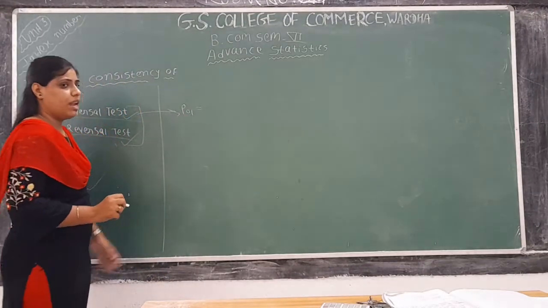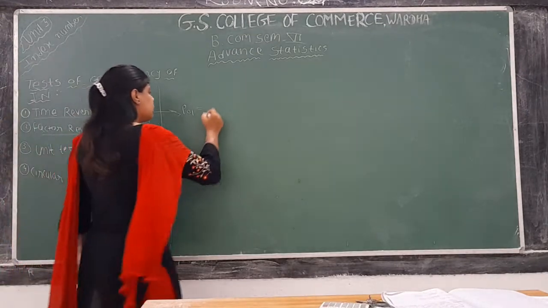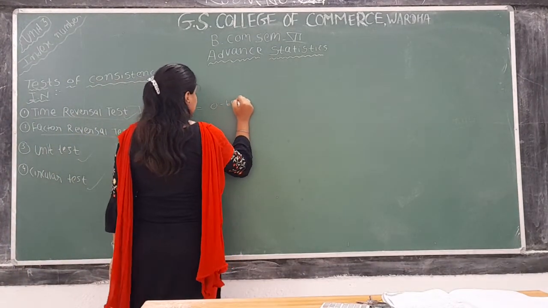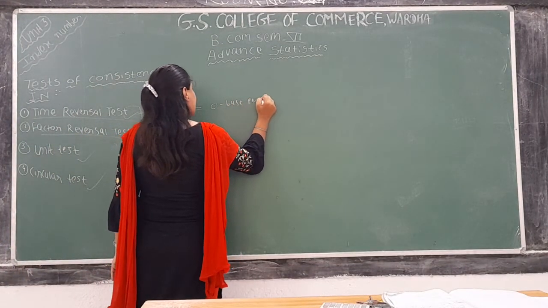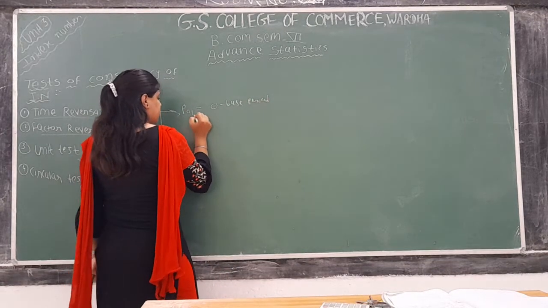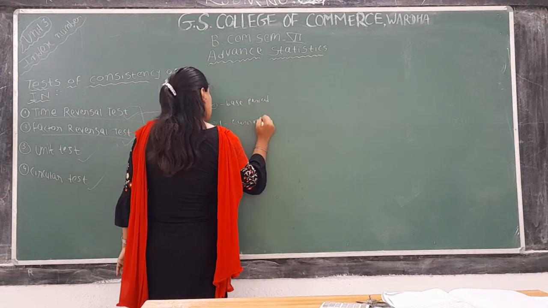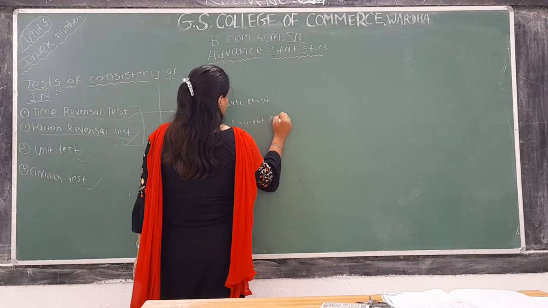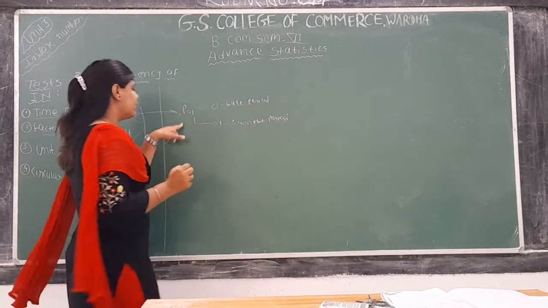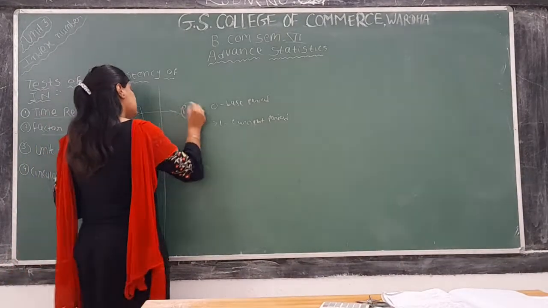So what does it imply? It implies that 0 is the base period and 1 is the current period. So here we are calculating the index number under P01.